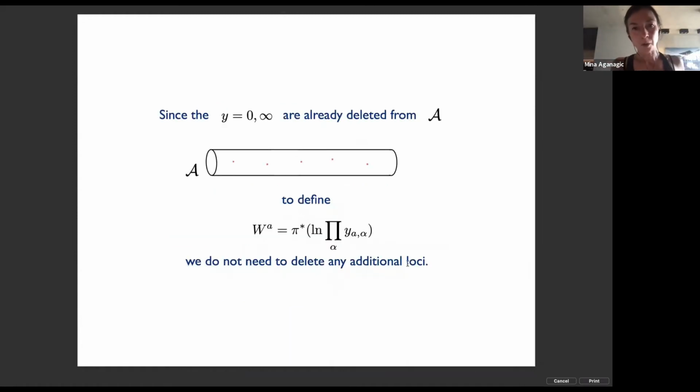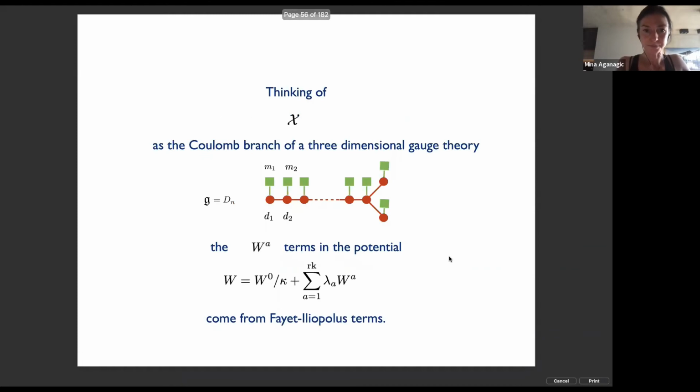Now, because y is 0 and infinity are already deleted from the Riemann surface, we don't need to delete any additional loci for the other terms in the potential to be defined. They're already defined for us.